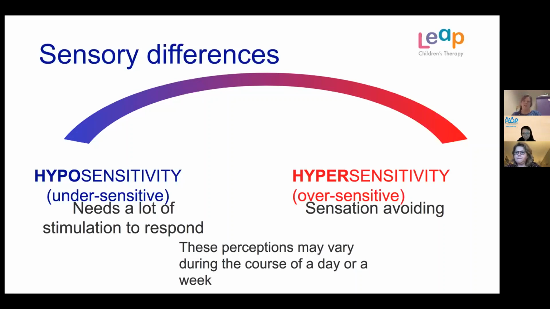And then you get the other children who manage somehow to hold it together at school, and then as soon as they get out of school, they explode. It's a bit like you're shaking a Coke bottle all day, and as soon as they get home, the cork comes out, and all of the behaviour that's built up during the day comes out when they're feeling safe at home. So you can have the same sensory difficulties but very different presentations.